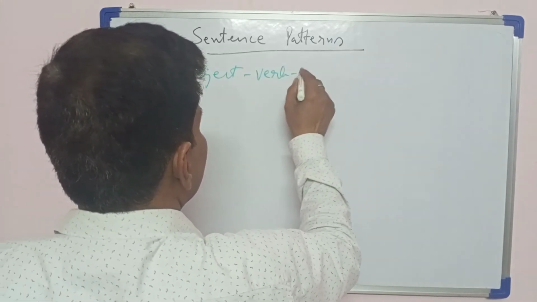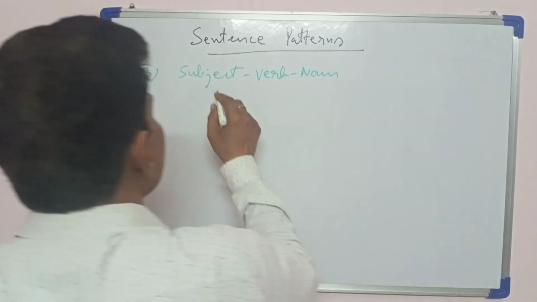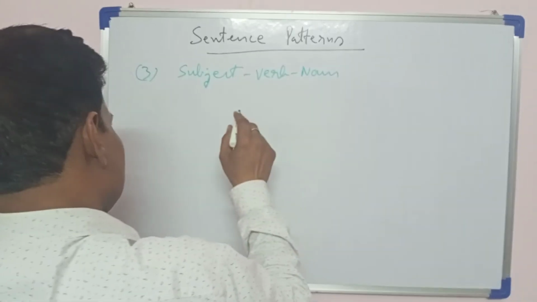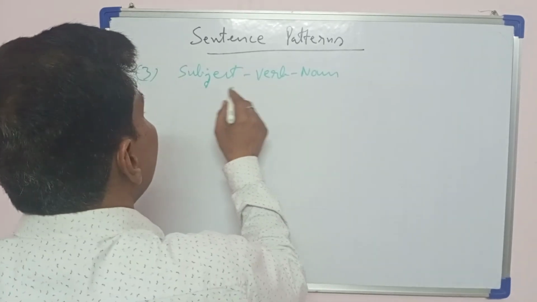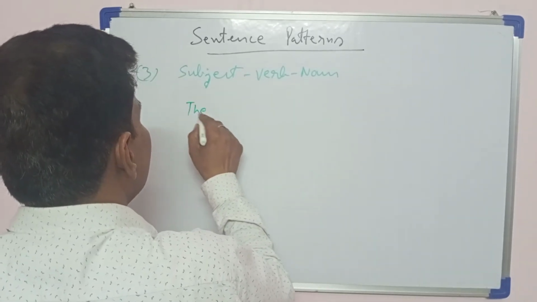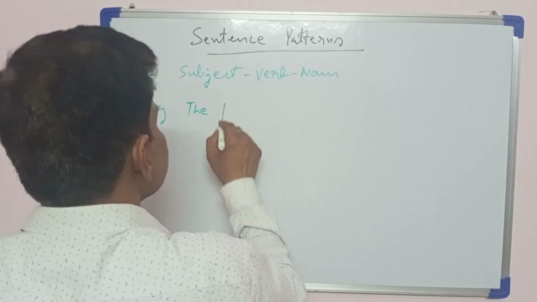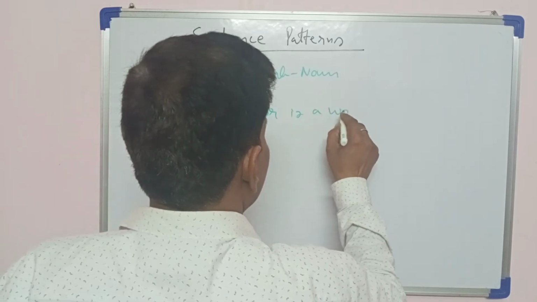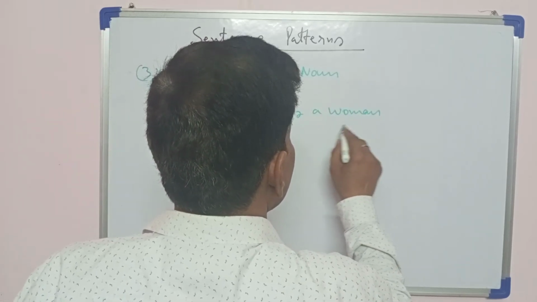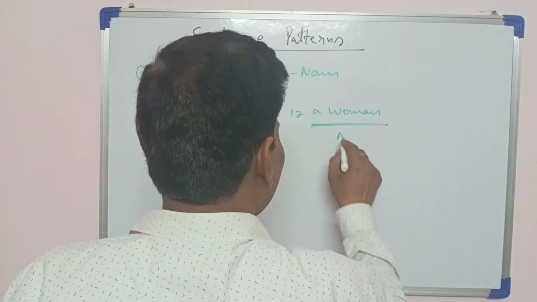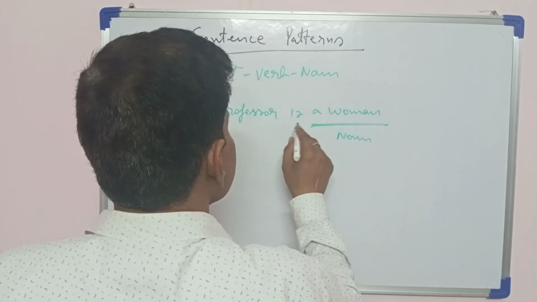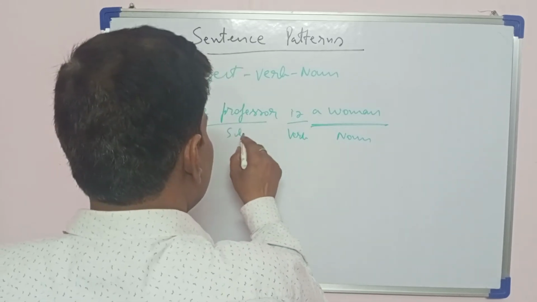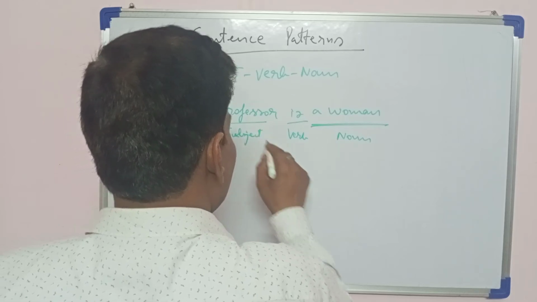Subject, verb, noun. The professor is a woman. The professor is a woman. So here you can see that this is a noun, this is a verb, and this is the subject. So this is subject, verb, noun.